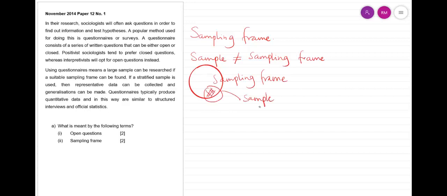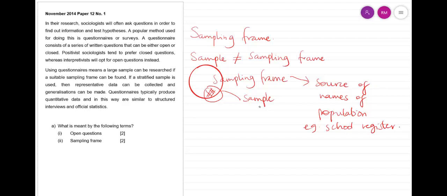This should be clear to you. So a sampling frame is the source where the names of the people in the population are found. In a school, for example, the names of students will appear on the school register, and this might be the sampling frame.